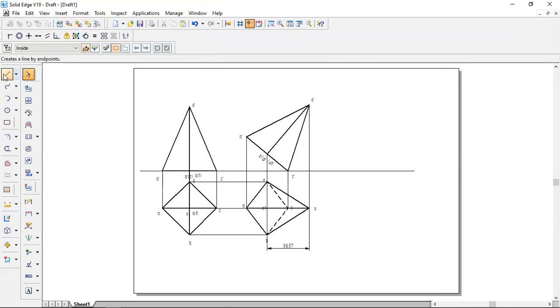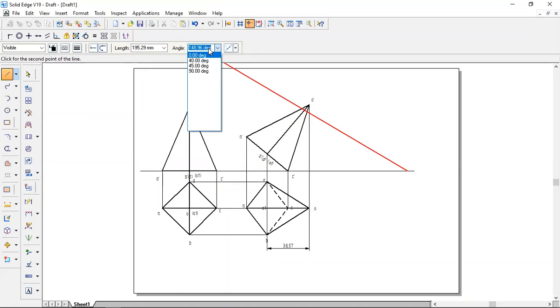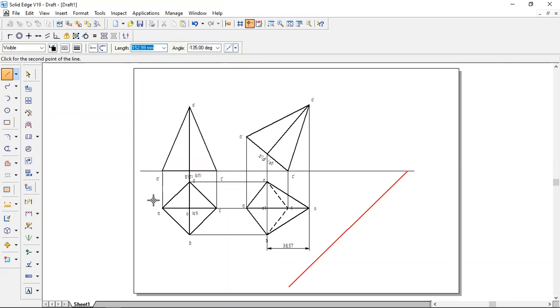So what you need to draw is a 45 degrees line. By keeping the angle minus 135, I can get this as a 45 degrees line.